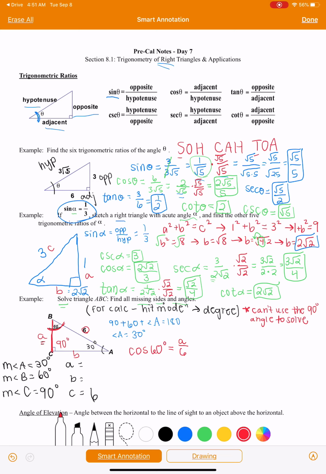Cosine of 60 degrees is 0.5, or in other words, 1/2. And so when I go to solve for a, multiply by 6 on both sides, and 6 times 1/2 is 3. All right, so I just found another side length, and now I'm going to find side length b.